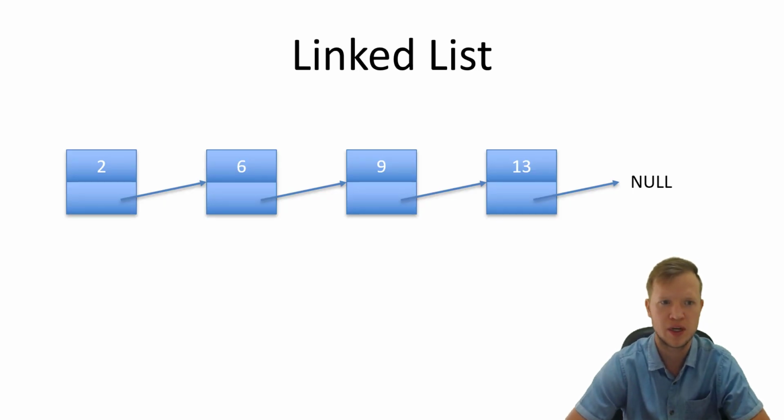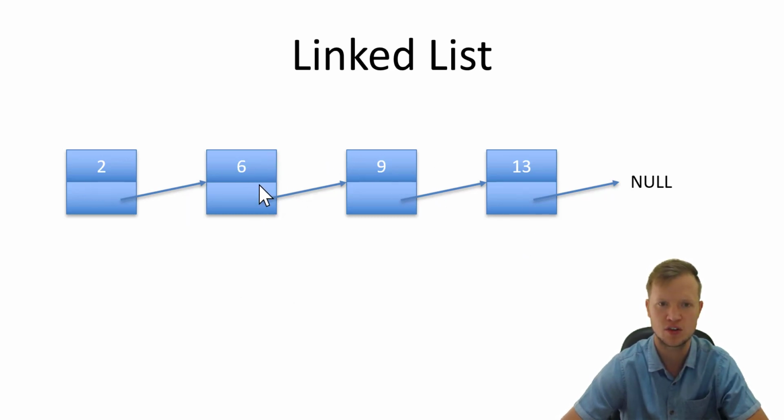A linked list is basically dynamically allocated links. This is one link and this is another link. But the difference is that these links are not stored in the same manner as an array, continuous next to each other.